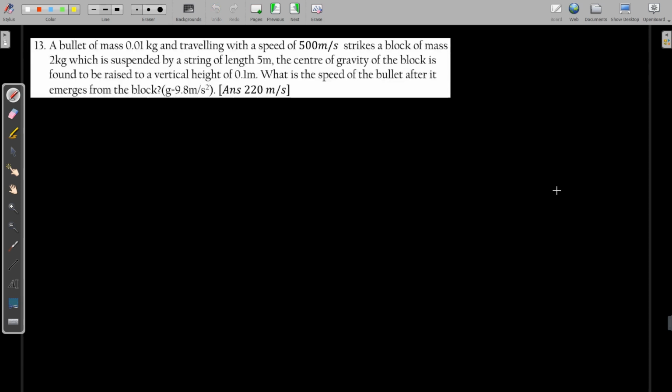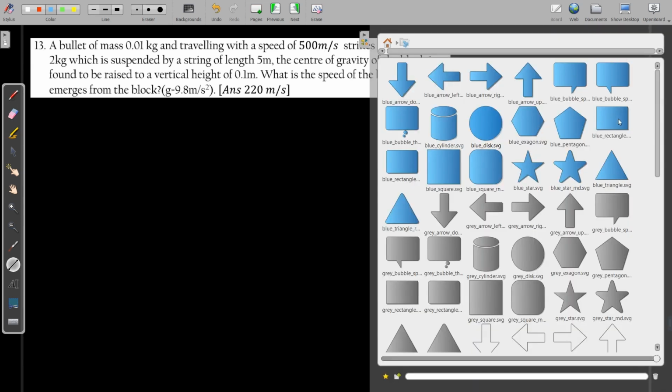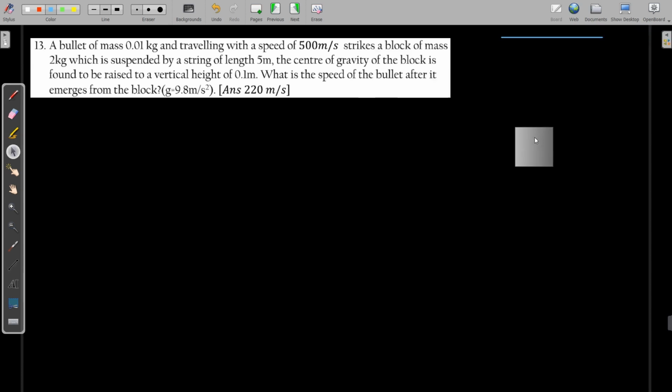Okay. So this will be the last question, and I hope you all can understand. This question is a bit tricky. Let's see what is going on. This is a block which is suspended.